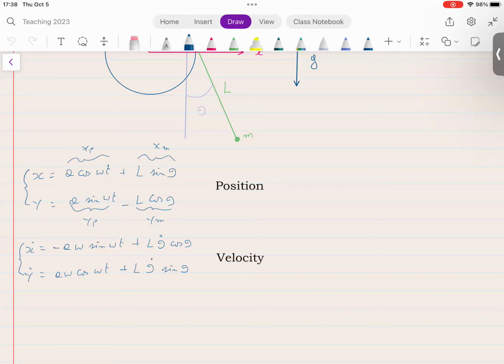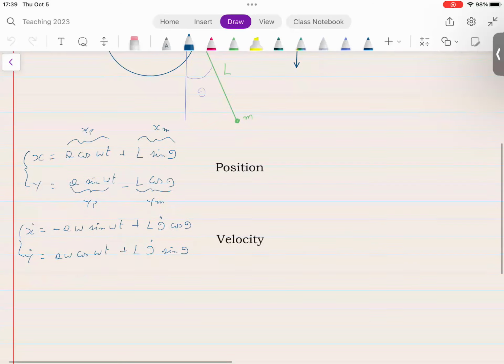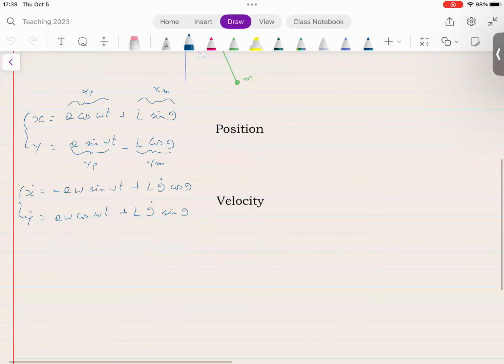But now that I have the velocity, I can do the square. Do I really want to do it, or just tell you what the answer is? I don't want to do it, but let's do it anyway. x dot squared plus y dot squared gives me the velocity squared, and I multiply by 1/2 of m.